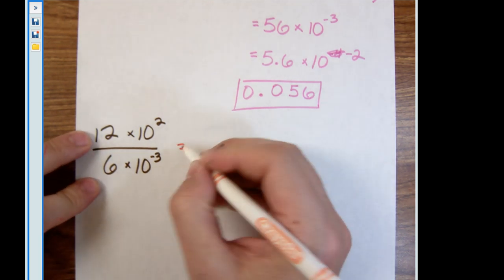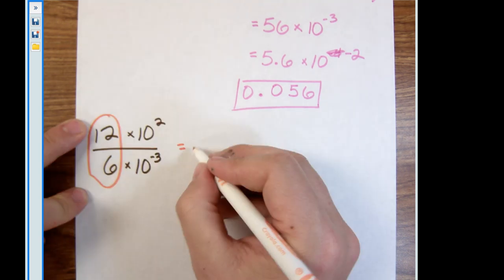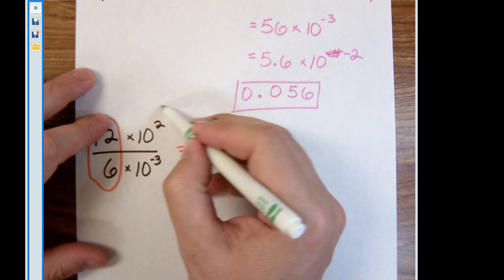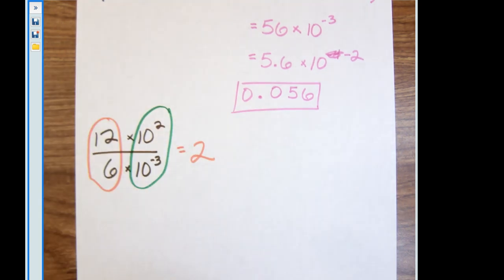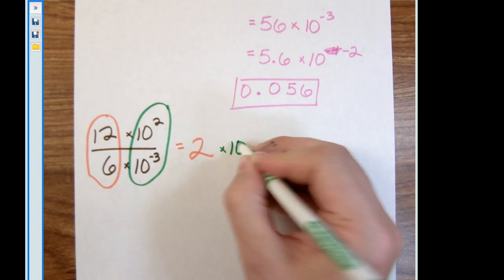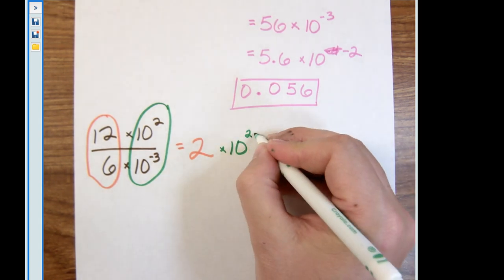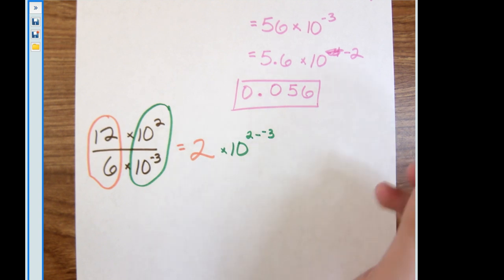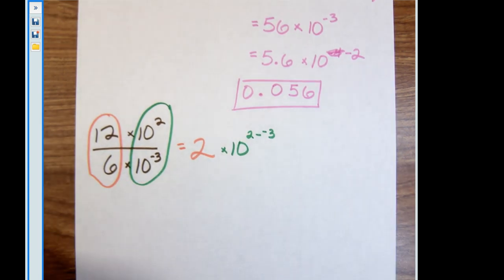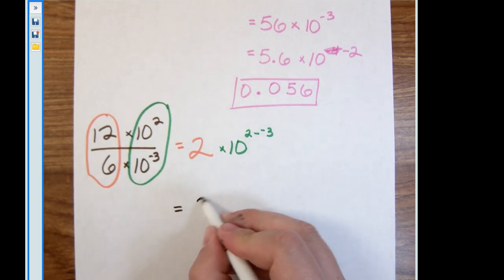This is 2. Simple. And then what about this? Yeah, subtract. So times 10 to the 2 minus -3. That's 2 times 10 to the 5th.